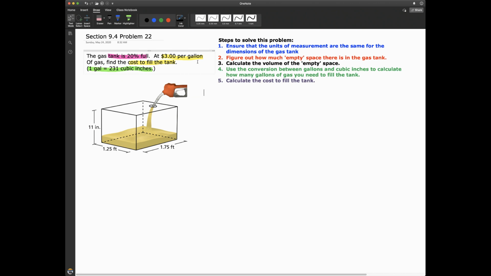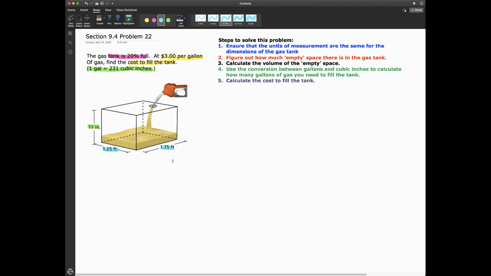All right. I wrote down some steps over here, and I want to follow these steps. Step one says, first ensure that the units of measurement are the same for the dimensions of the gas tank. Because if I look at my dimensions, this is 11 inches, but these two dimensions are in feet.